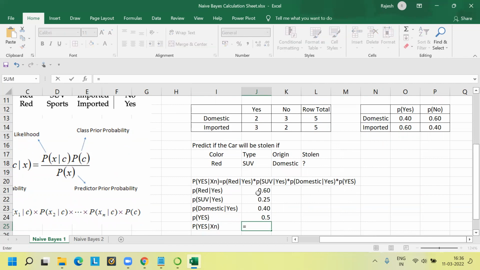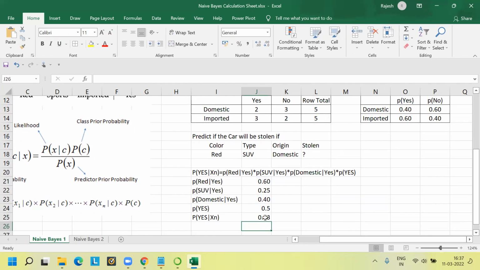Now multiply all these things: 0.60 into 0.25 into 0.40 into 0.5. The probability of the car being stolen, yes, if it is red color, SUV and domestic is 0.03.